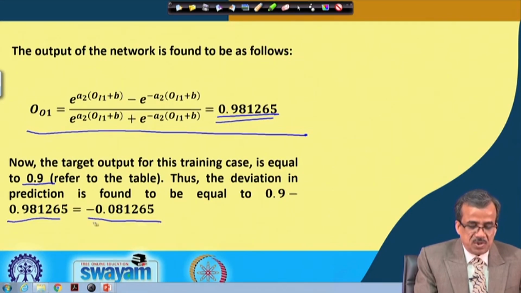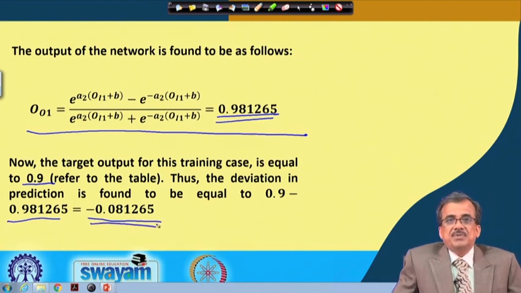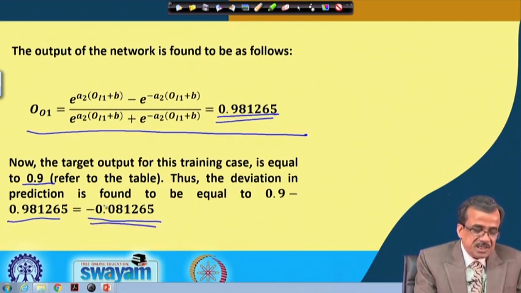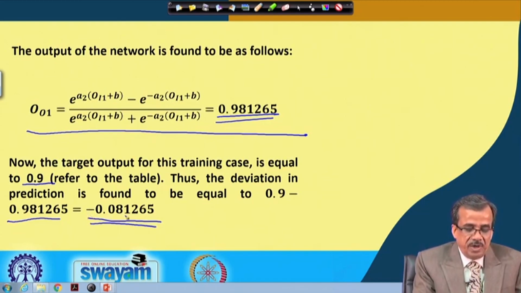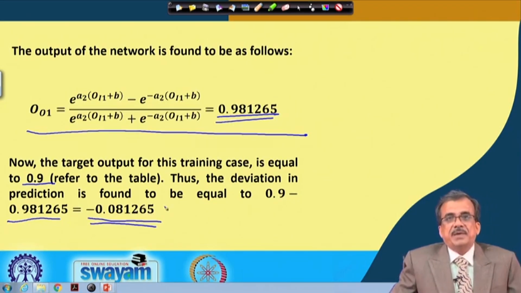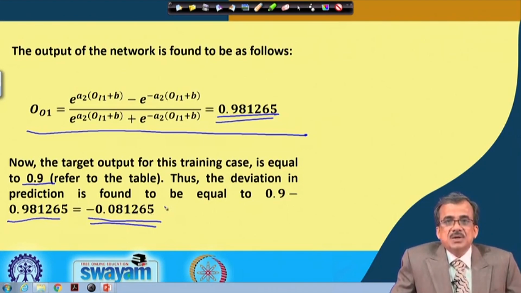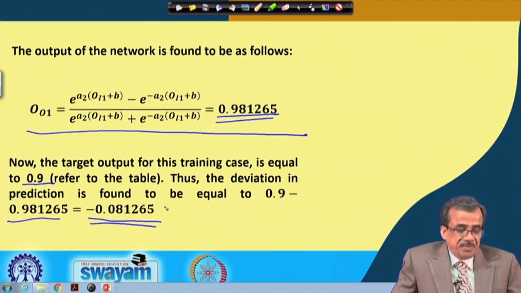The deviation is coming to be negative here: minus 0.081265.